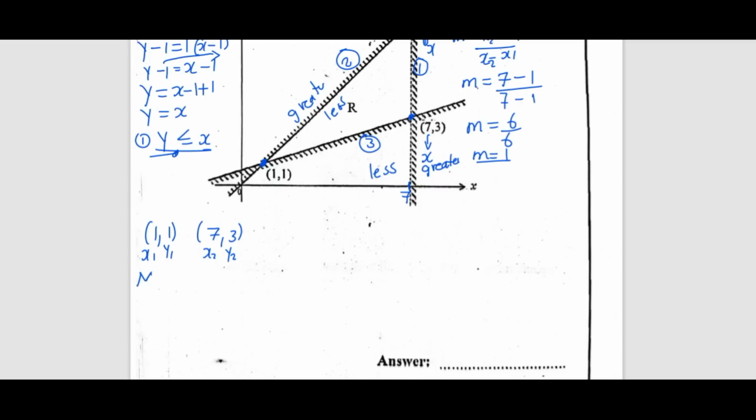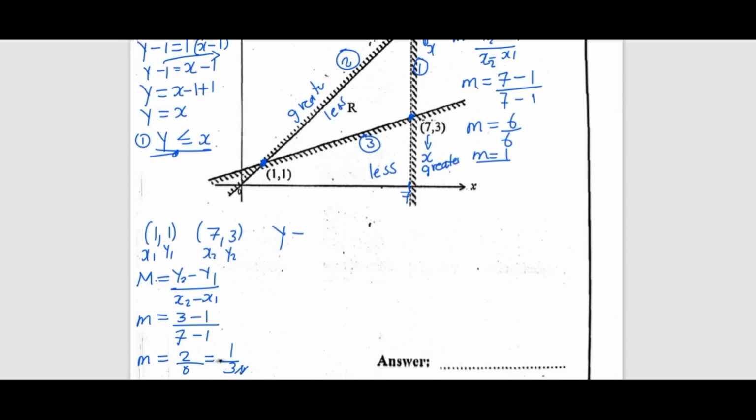The gradient is y2 minus y1 over x2 minus x1. y2 is 3 minus 1, x2 is 7 minus 1. So 3 minus 1 is 2 over 6. If you reduce, we have 1 over 3 as our gradient.